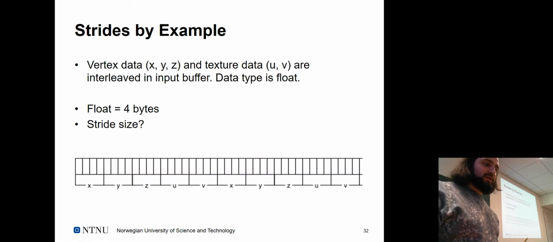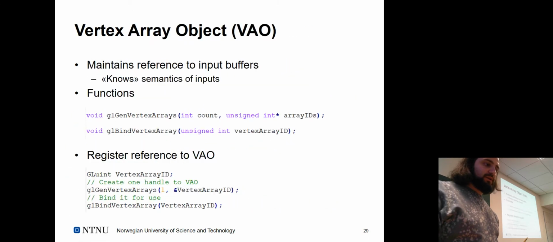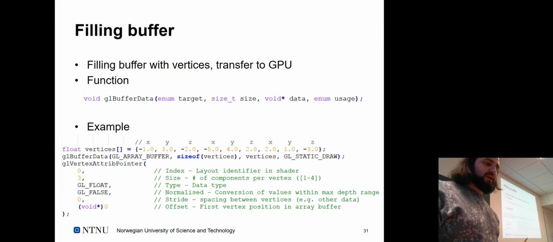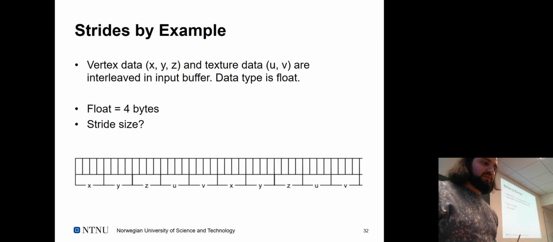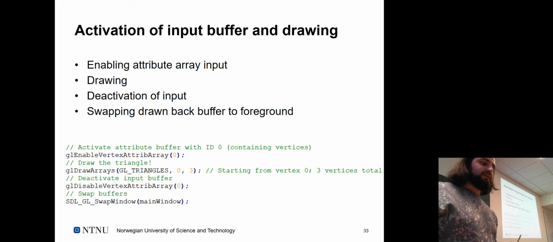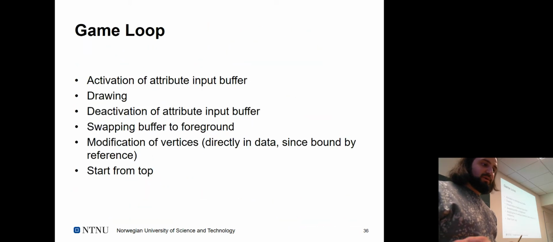We defined buffers here, we filled them with the data, and we feed this to the actual pipeline. Then we activate the buffer, draw it using this function, deactivate it, and swap the buffer from the back to the foreground.